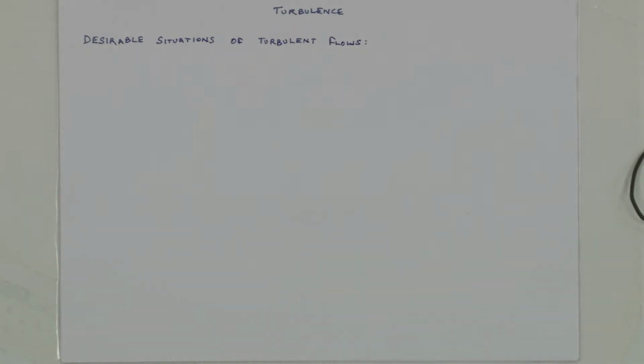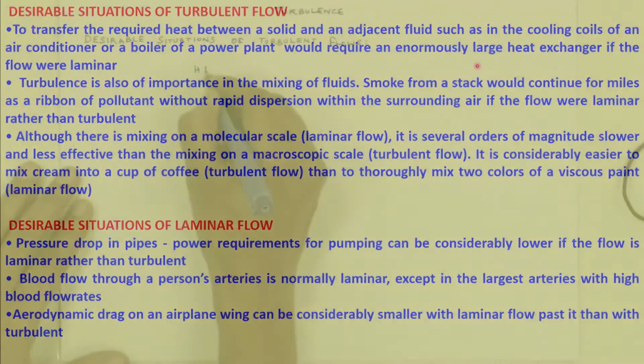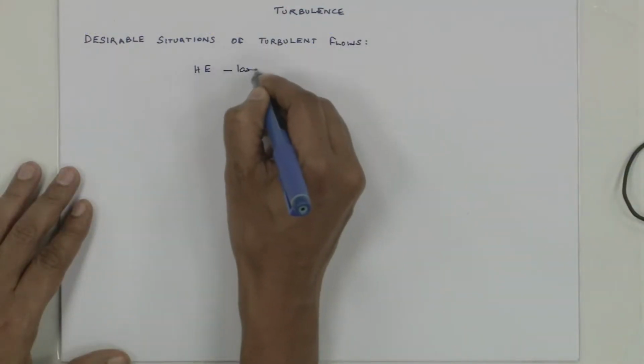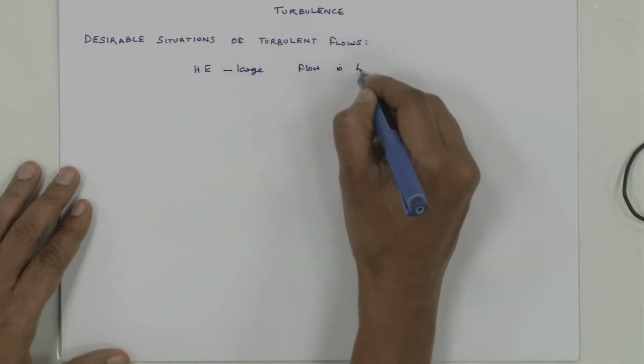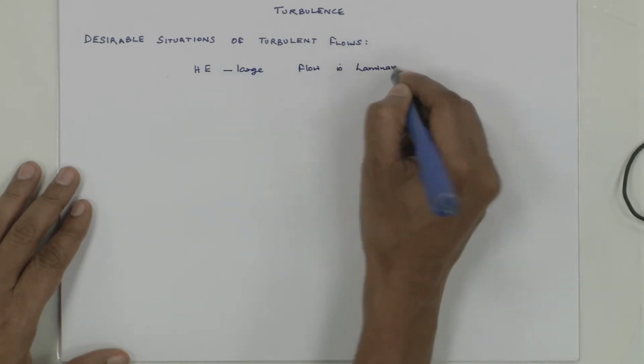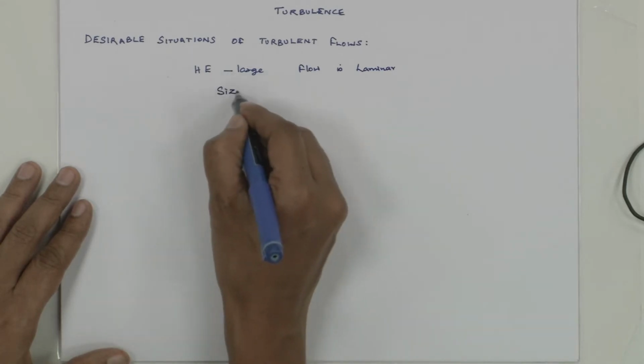If you were to design a boiler or air conditioning cooling coil, the size of the boiler or the size of the air conditioner or the typical heat exchanger would be very large if the flow were to be laminar. If the flow is maintained turbulent, the heat exchanger size would come down.